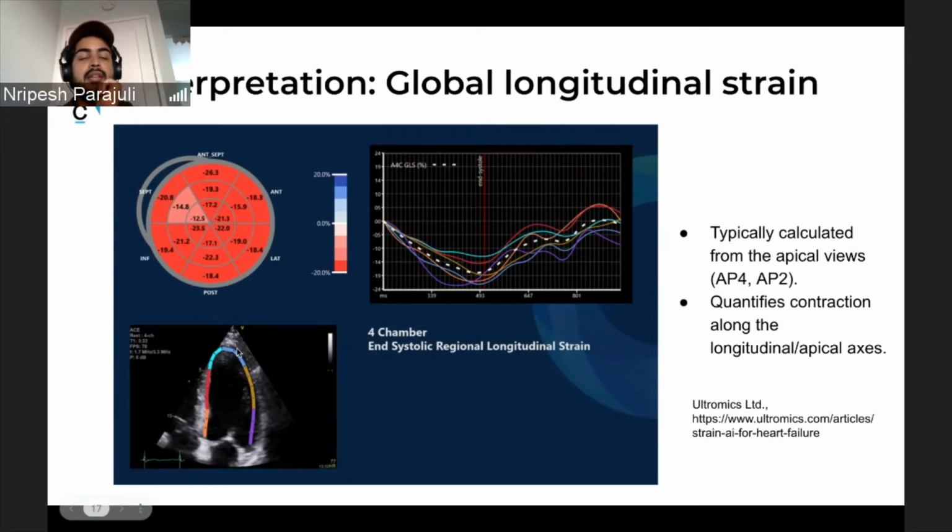For instance, let's say you have some problem localized only to the apical part of the heart, whereas the rest is okay and your ejection fraction is normal. You could still have a heart that is about to have a very serious injury, basically heart failure, right? This situation is called heart failure with preserved ejection fraction.